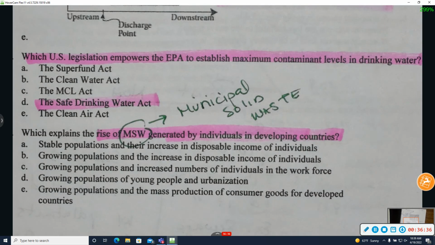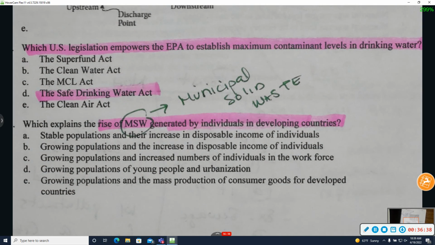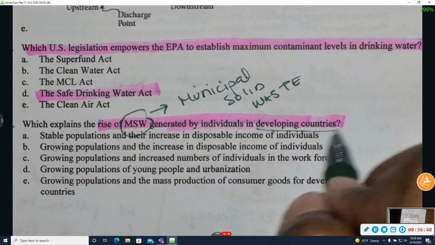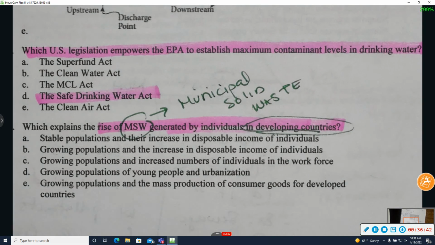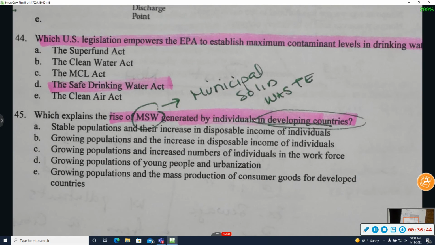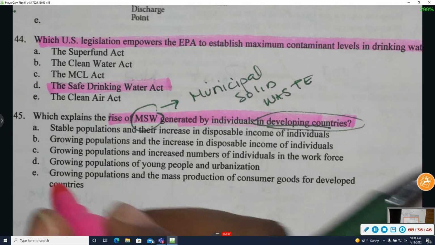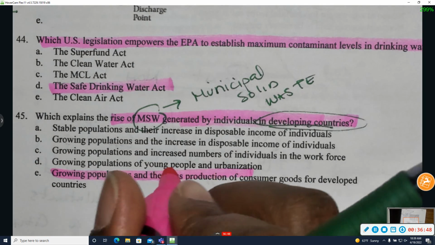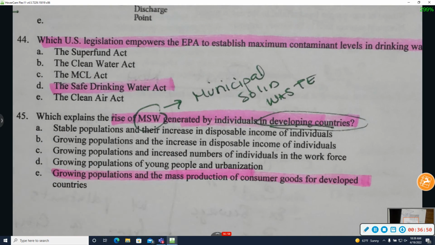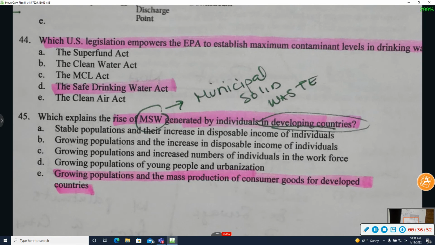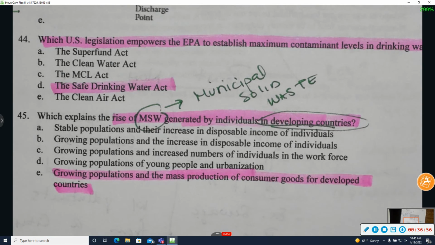Had a brain fart there. Trash, essentially. And we're talking about developing countries, so your most obvious answer to that is going to be the growing populations and the mass production of consumer goods for developed countries. Okay. And the last one. Yay, finally, done.